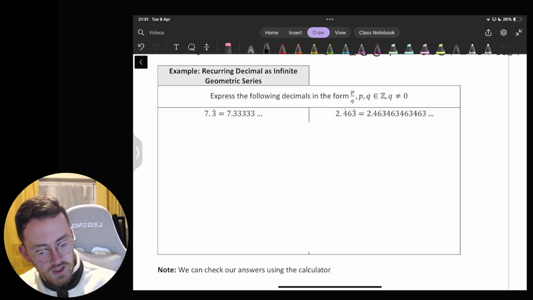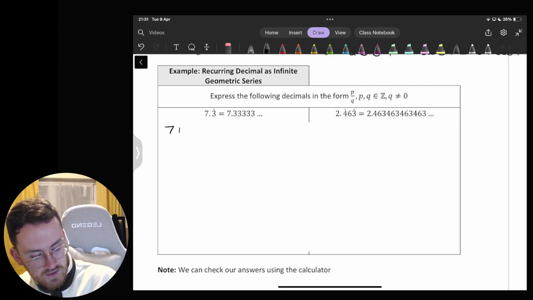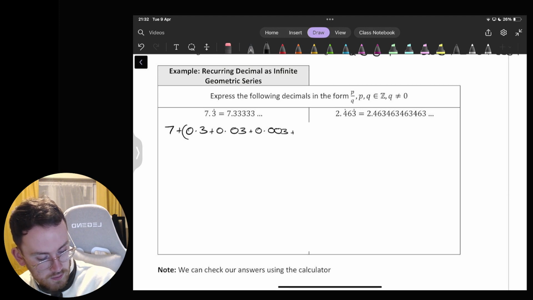So what we want to do is look at this as a sum to infinity of 7 plus 0.3 plus 0.03 plus 0.003 plus, and what we're really doing here is this 3 part here is obviously 0.3, and then I'm considering this to be 0.03, and I'm considering this to be 0.003.